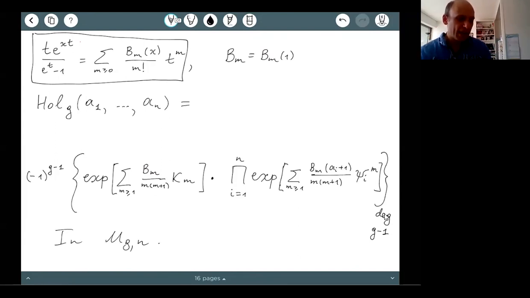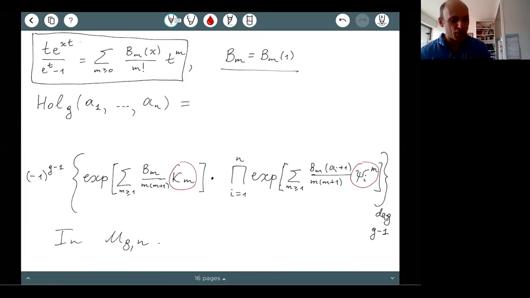And if you plug x equals 1, you can plug x equals 1 in the original formula, by the way, you get the Bernoulli numbers. And the holomorphic locus in MGN is expressed from kappa classes and psi classes. So again, you can see here the kappa classes and the psi classes.